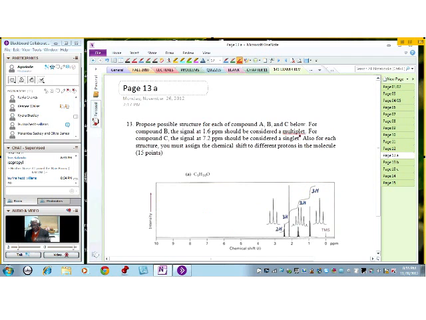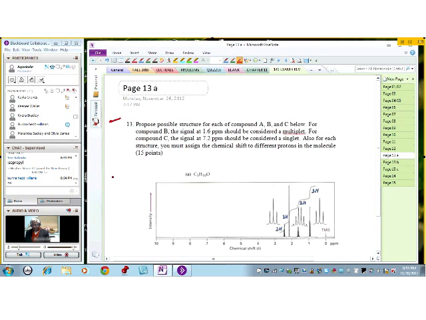Okay, this one here. Now, what do we have here? Can you go ahead and read this question for us? Propose possible structures for each of compounds A, B, and C below.